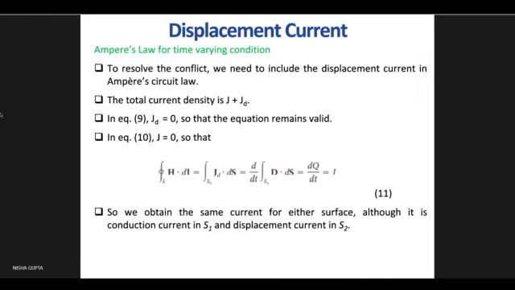There we do not have any conductor, only free space. It is because of the term JD, the displacement current density, and the displacement current is ID. So that is why we say it is the displacement current which is responsible for wireless communication, or the propagation of the electromagnetic wave.